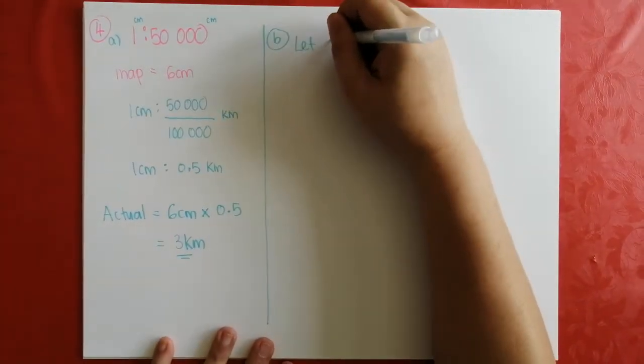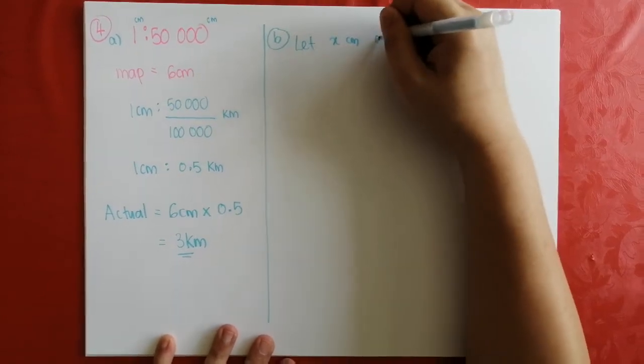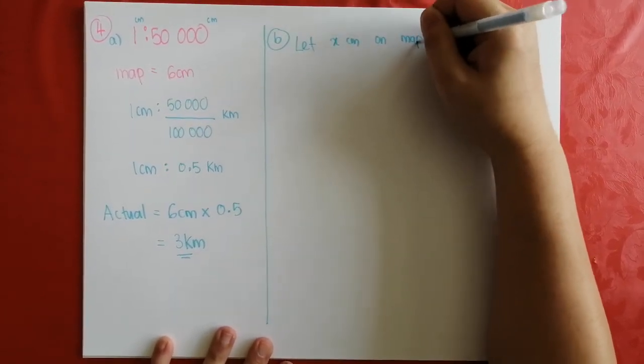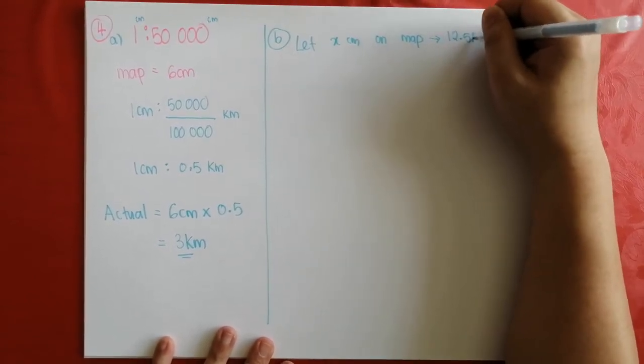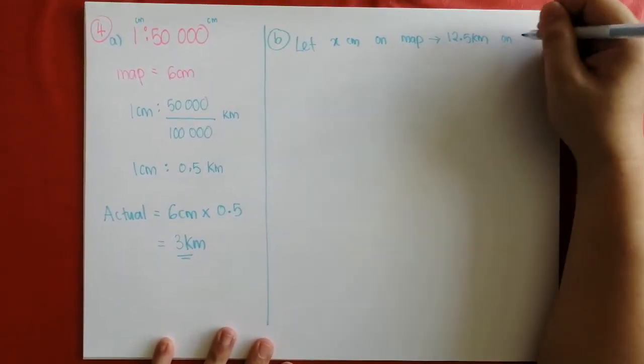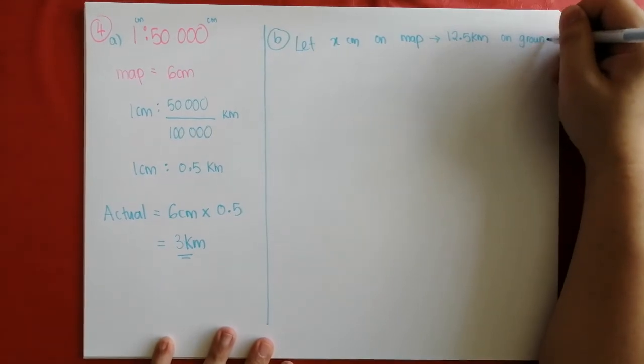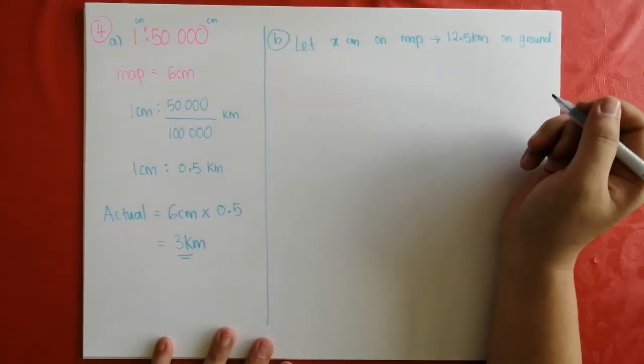So let x centimeter on the map represent 12.5 kilometer on the ground.